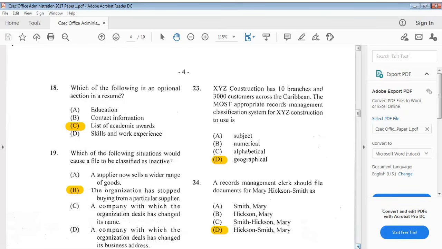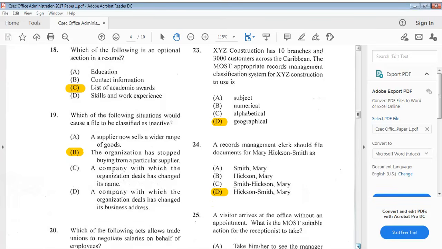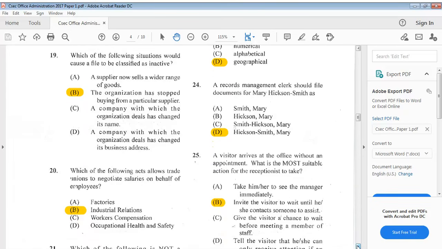D. A company with which the organization deals has changed its business address. So our answer would be B. The organization has stopped buying from a particular supplier. So that would cause that file to be classified as inactive. Let's go on to number 20.